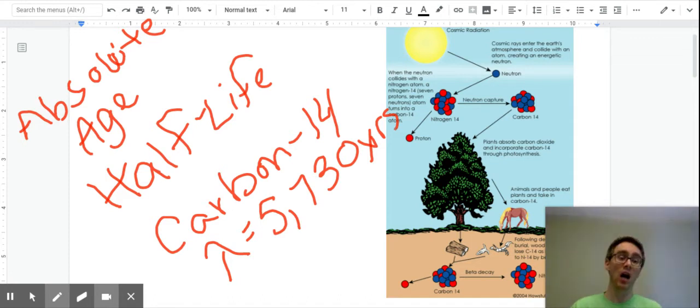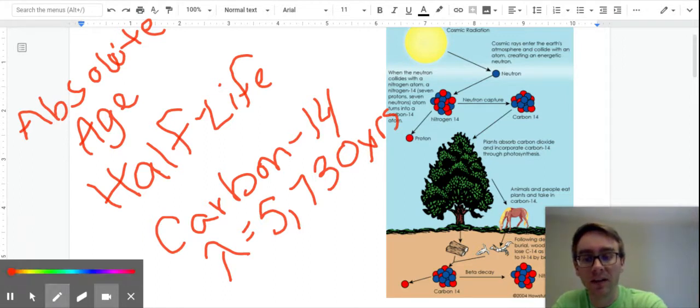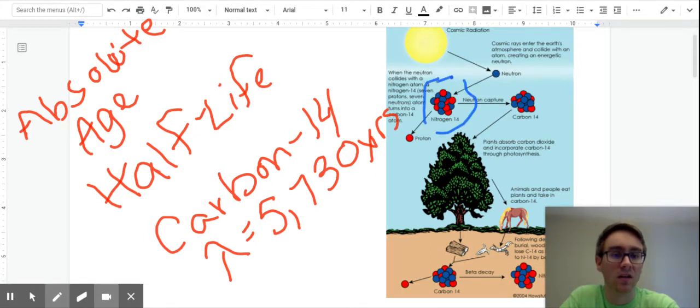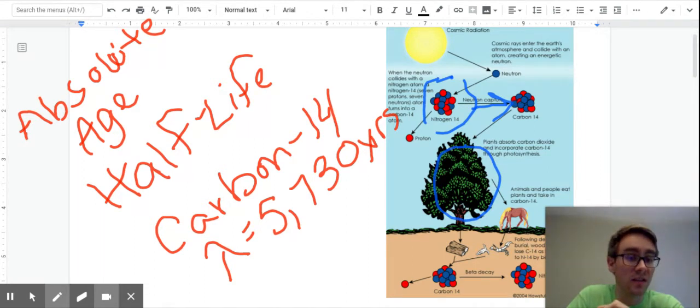Now, while we're alive, we constantly replenish that carbon-14 in our bodies. You see a little chart on the right. I don't need you to memorize that chart or anything like that. I just wanted to show a little bit there, talking about how nitrogen-14 in the atmosphere is changed into carbon-14, which is then absorbed by trees or grass, and then we either eat the trees, eat the grass, or eat the animals that ate the trees and grass.